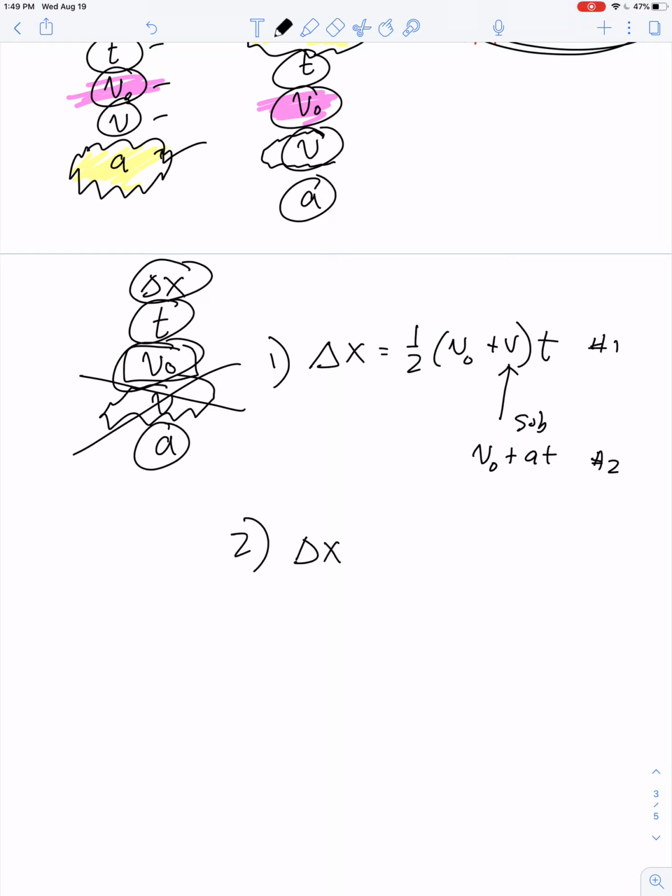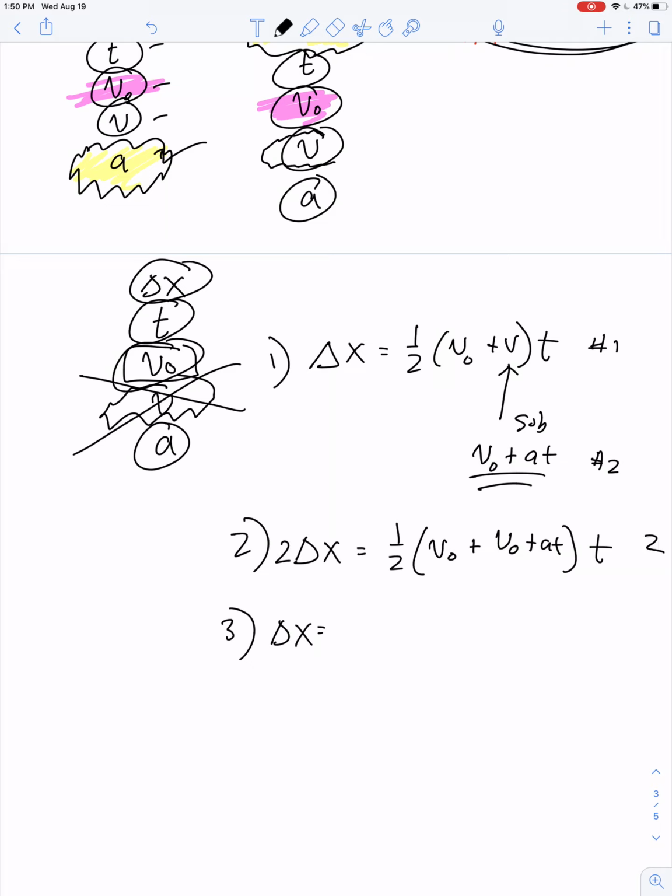So this is just basic algebra work here, right? So this becomes delta x, the distance traveled, equals 1/2 times (v naught plus v naught plus at), and all of this is multiplied by t. Let's multiply both sides of the equation by 2.